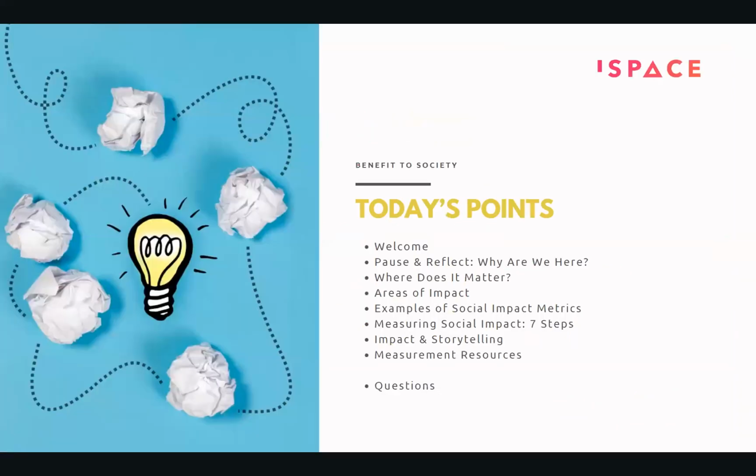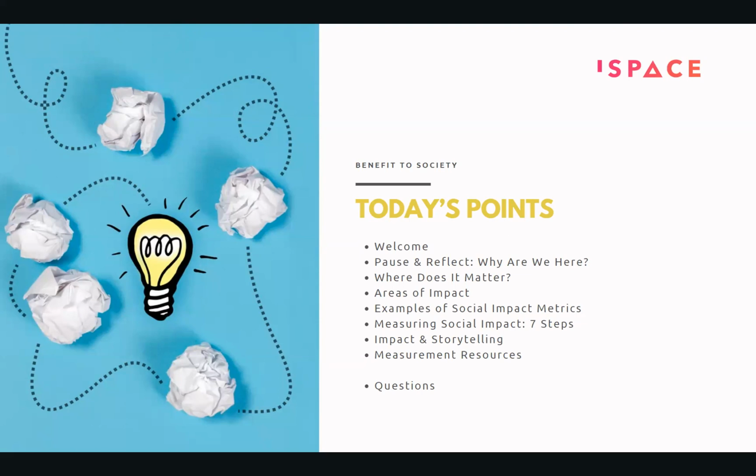Today, we're going through 7 items over the next hour, and we'll close the session off with time for questions. So we're starting with the welcome to today and also the project itself. And then looking at a time to pause and reflect on why we're here today. And then understanding where impact within the realm of commercialization matters.